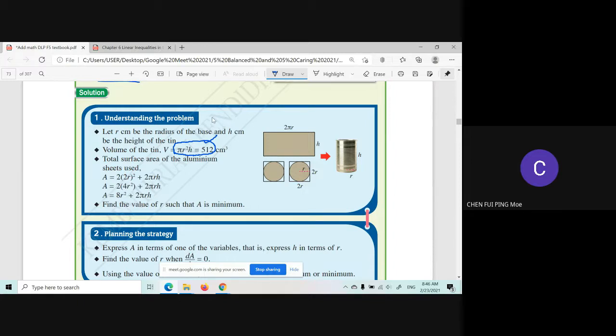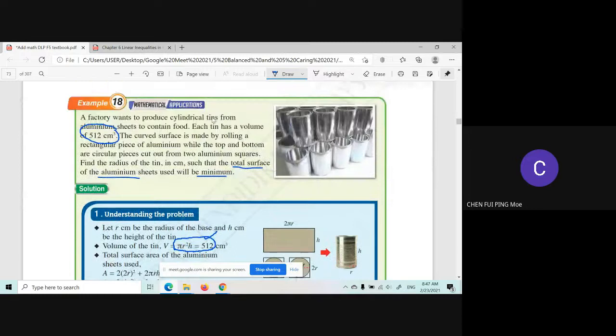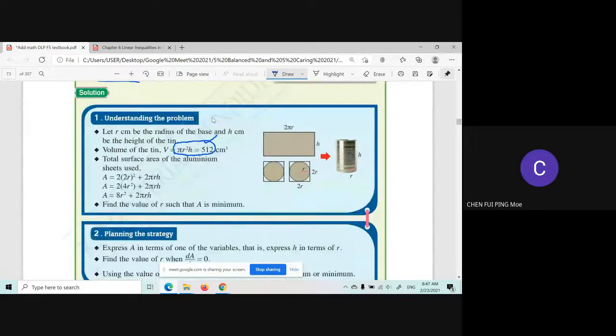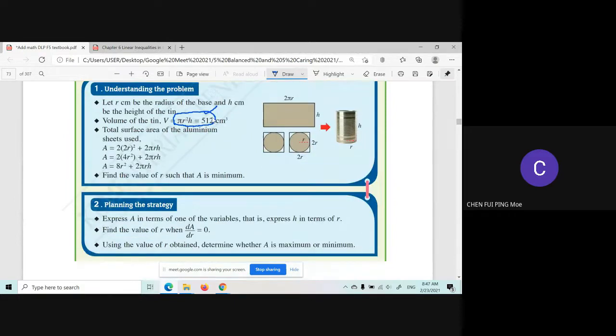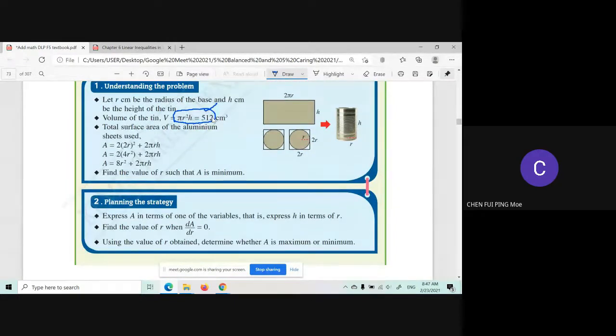Although this one is a circle, the question mentions it is cut from a square, so you need to use the square area. So you have 2r times 2r, so 2r square. If the question didn't mention the circle comes from a square, then you need to use the area of a circle. Clear? Because they say the two circles come from squares, you need to use the area of a square.